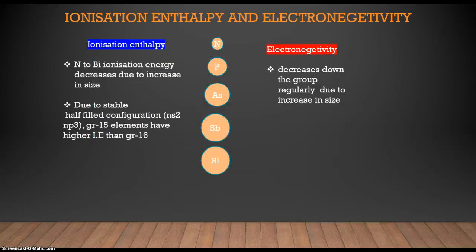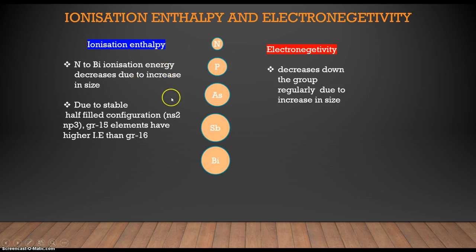Now, what is the variation of ionization enthalpy and electronegativity for these group 15 elements? Okay, so let's talk about ionization enthalpy. As we have observed, from nitrogen to bismuth the size is increasing continuously, and for this reason the ionization enthalpy will decrease due to increase in size.